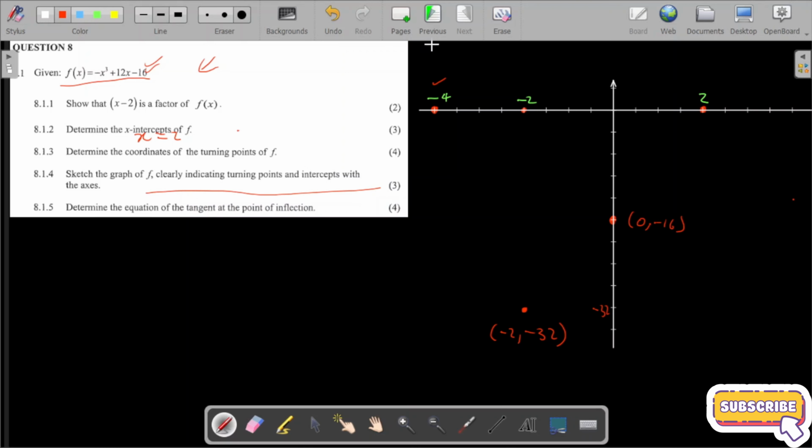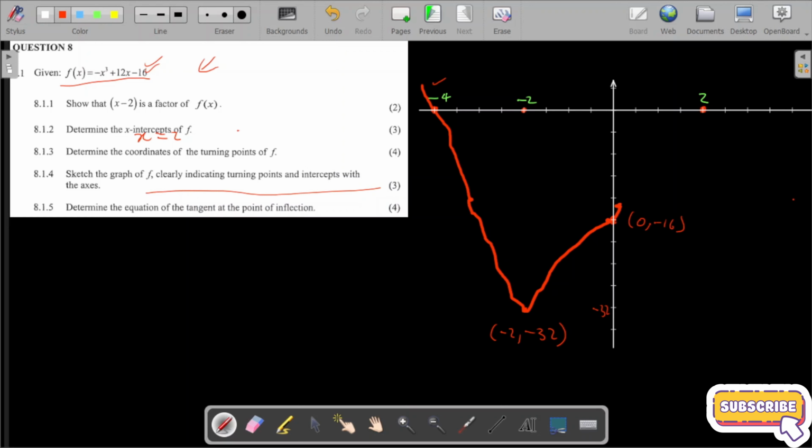Now let me draw my graph. So it goes from here, coming here, beg my pardon, guys, coming here, and then it turns here, then it goes to 16.